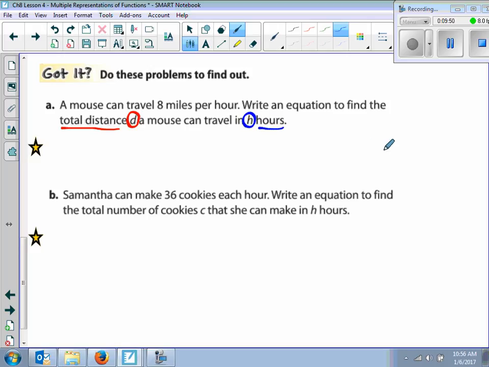Very good. So if I look in the words again, it says a mouse can travel 8 miles per hour, right? So if I want to write this in words, what would we say?